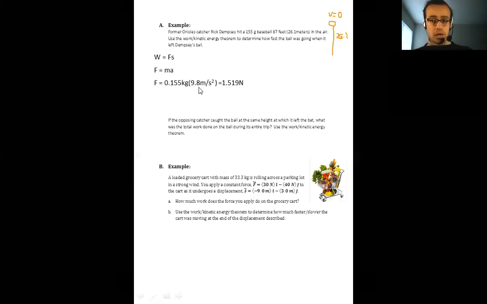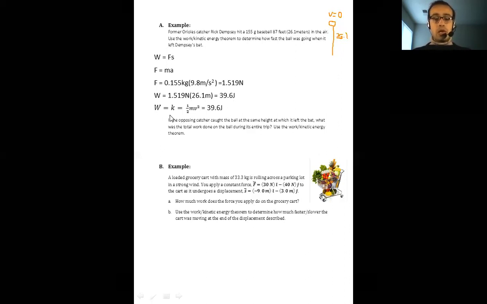Again, we're assuming that this is taking place on Earth, which gives us a force of 1.519 newtons. We can then solve for the work that is done by gravity, either on the ball, the negative work as the ball goes up, or the positive work as the ball comes down. And we find that that work is 1.519 newtons times the distance of 26.1 meters, or 39.6 joules.